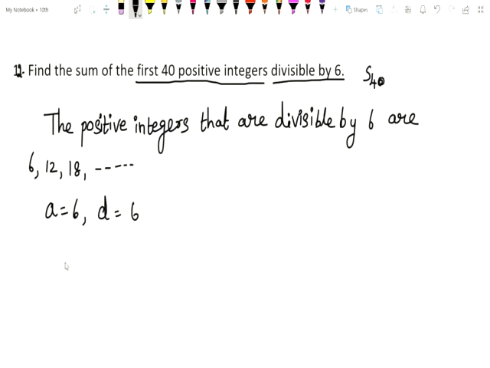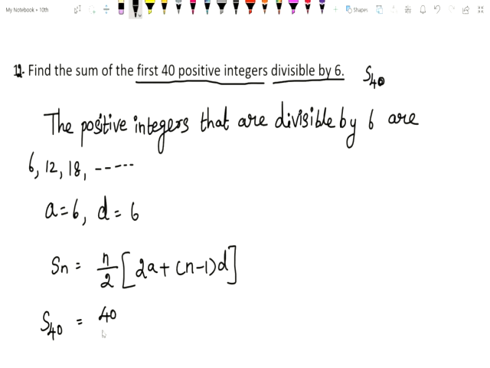We know that Sn equal to n by 2 into 2a plus n minus 1 into d. And substitute here, S40 we are going to find. So n is 40. 40 by 2 into 2 into the value of a which is 6, plus 40 minus 1 into 6.